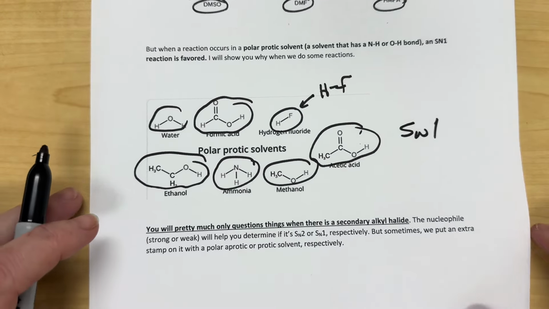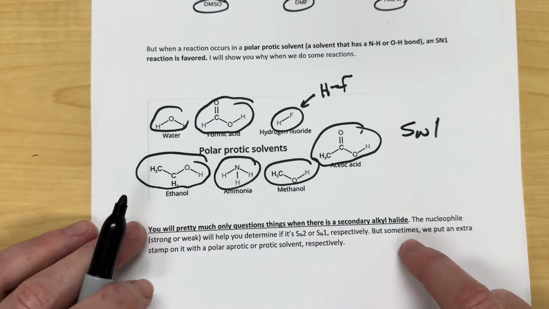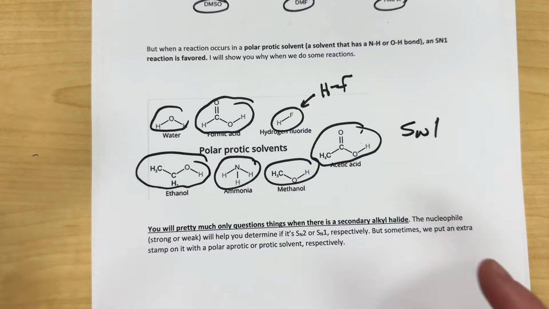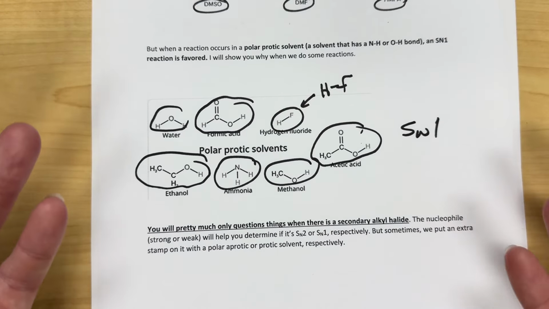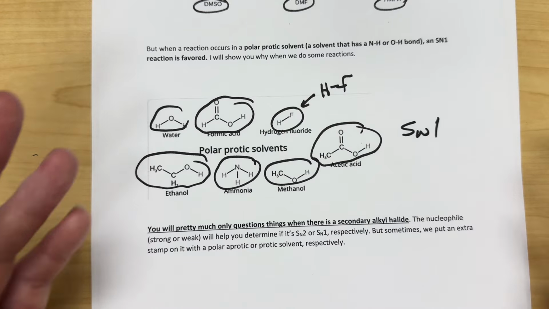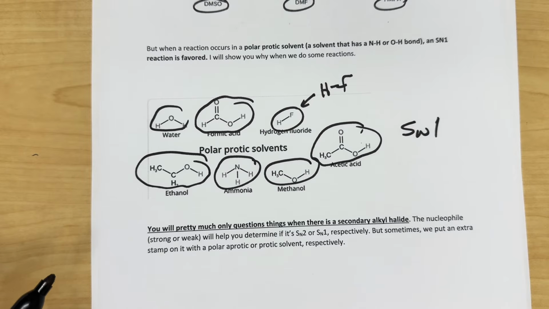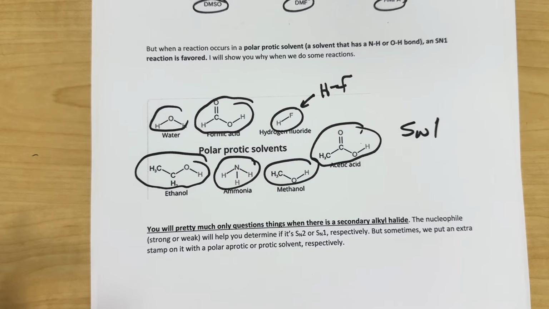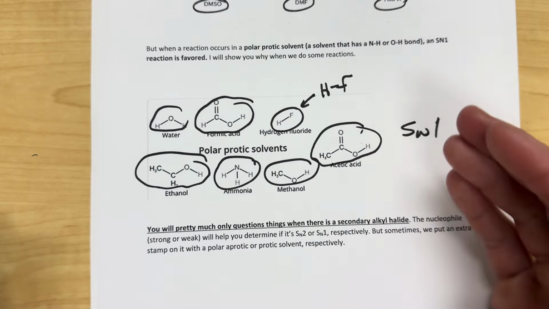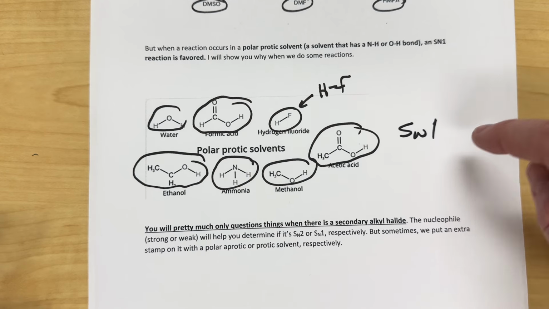So you will pretty much only question things again when there's a secondary halide. I can't say it enough. The only time this whole talk applies is with secondary alkyl halides. First, the nucleophile will help you determine if it's SN2 or SN1, and the solvent just puts a stamp on it to say, yes, it's definitely SN1.